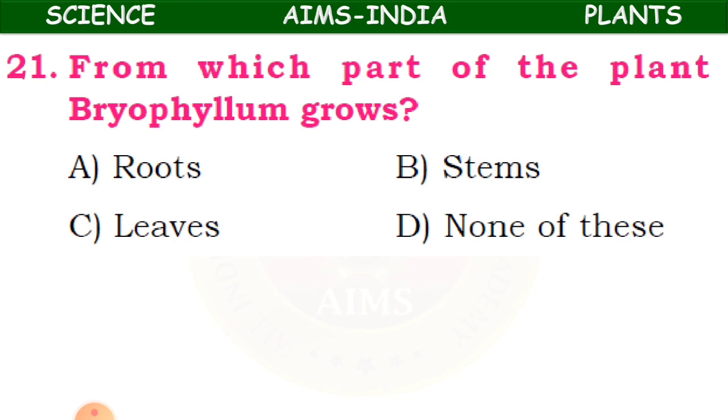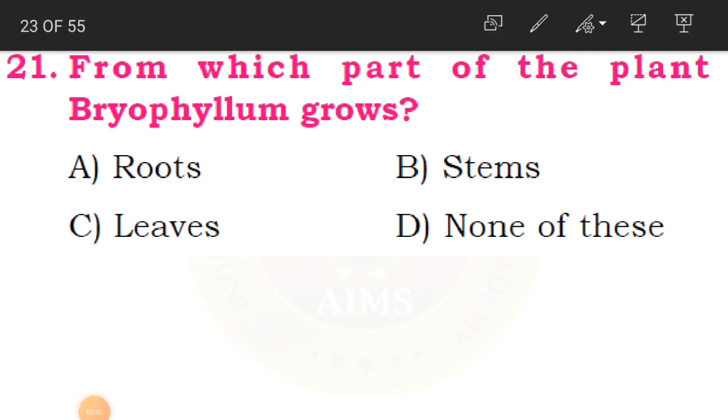Now we'll come to the 21st question, children. From which part of the plant does bryophyllum grow? This is a type of plant, children, like an air plant. We have to identify from which part it will grow. For example, the kalanchoe plant gives beautiful flowers which stay for so many days on the plant. We also use these leaves as medicinal plants, for medical benefits.